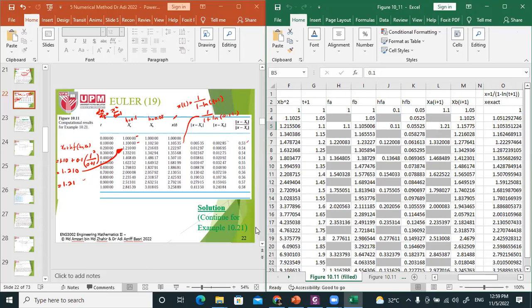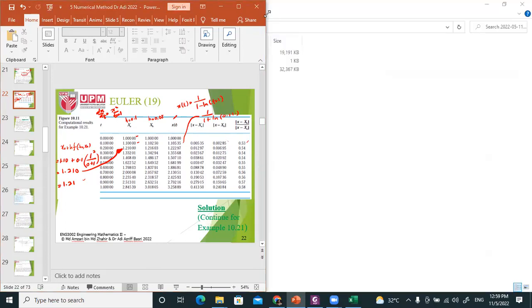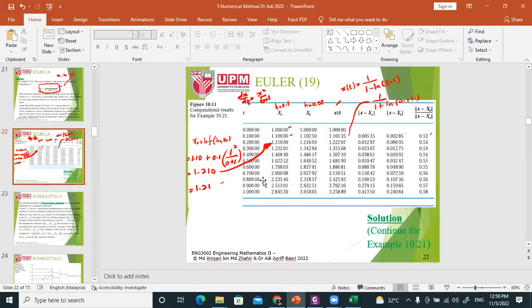So I want you to do it. For your understanding of how the Euler function is presented, you need to find the exact value of xb at the time step of 0.00, 0.01, and xt based on the known function here, and the error.